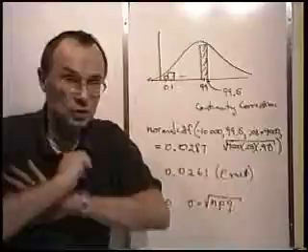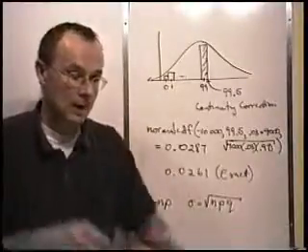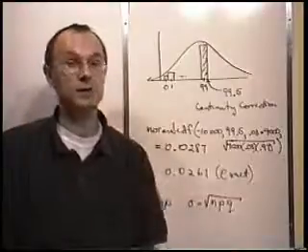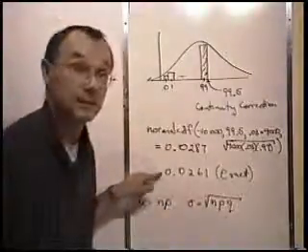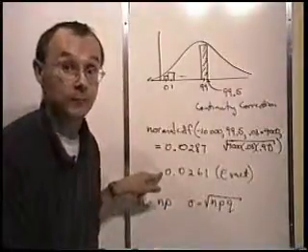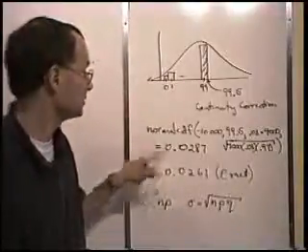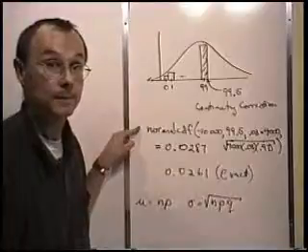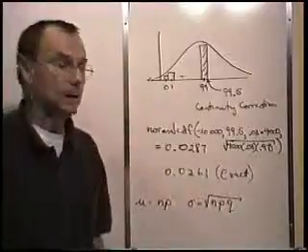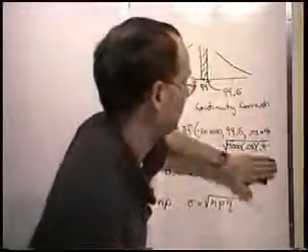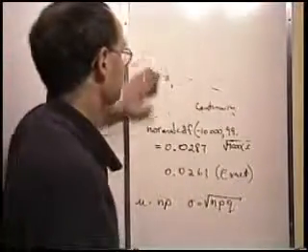Don't just start using it willy-nilly everywhere. If it doesn't tell you to, then you should get the exact answer using the binomial. But if it tells you to do the normal approximation, that's how you do it. Now let me move on to the next important point.